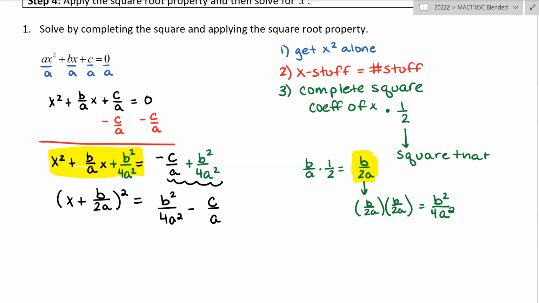And if we wanted to put those two together before we did anything, we would need to get a 4 and an a down here. So we'll times this top by 4a. So my right-hand side becomes b squared over 4a squared minus 4ac over 4a squared.